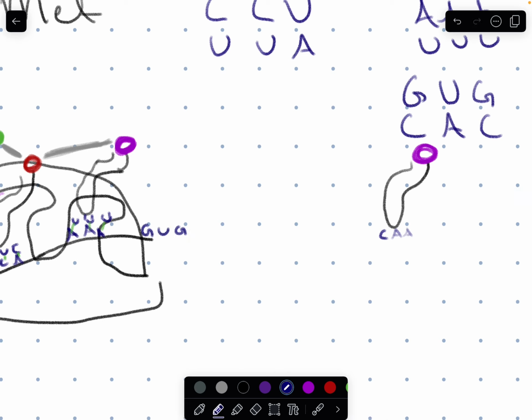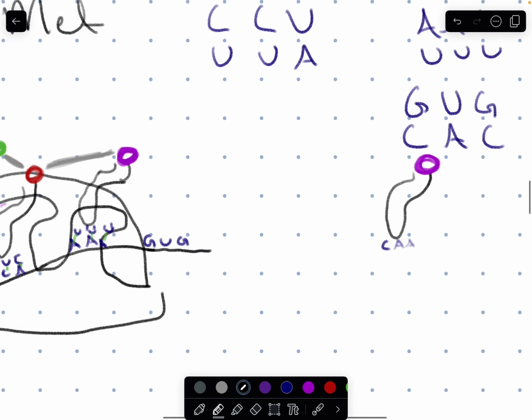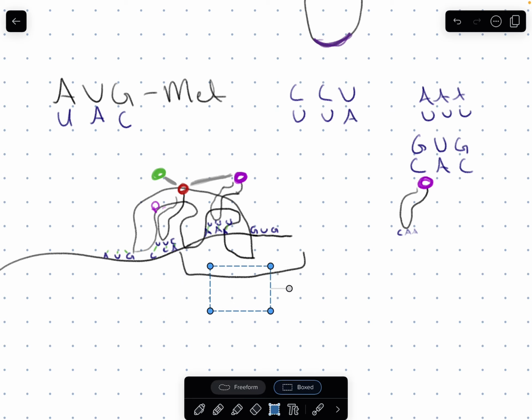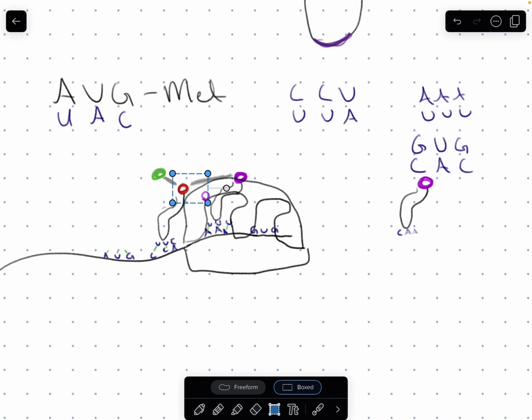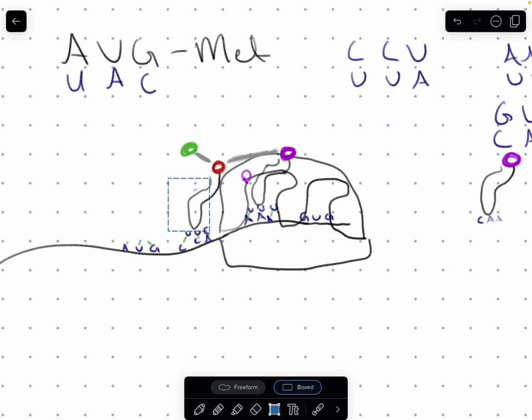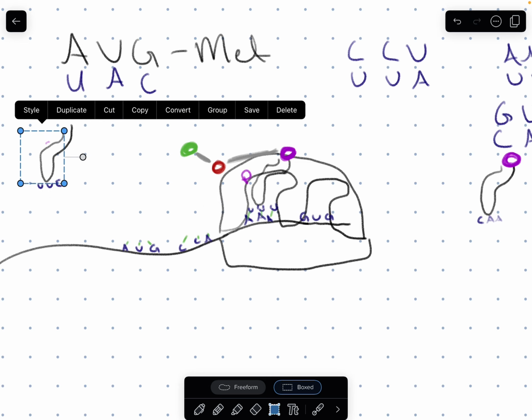So we have our codon on the mRNA there. Again, our ribosome is going to move to the right. And this little tRNA is going to have to fly off, completely uncharged.